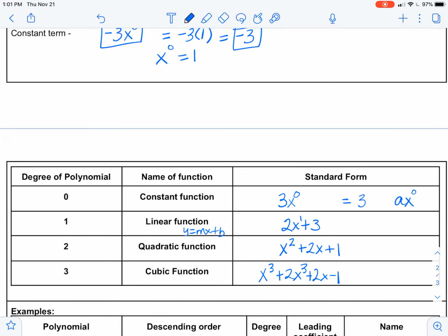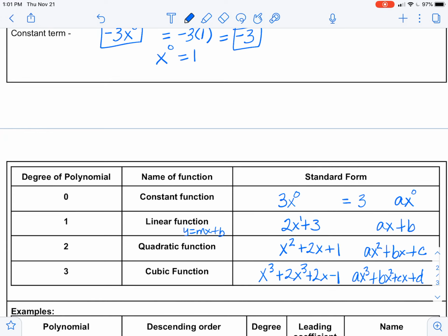So this is ax to the 0, ax plus b, these are the basic forms, ax squared plus bx plus c, and then this would be ax cubed plus bx squared plus cx plus d.